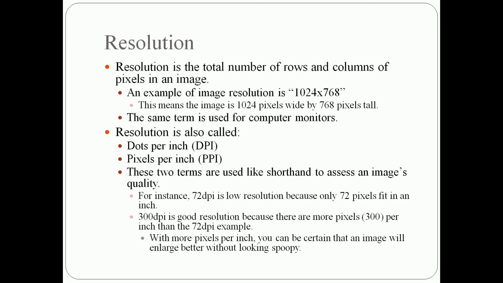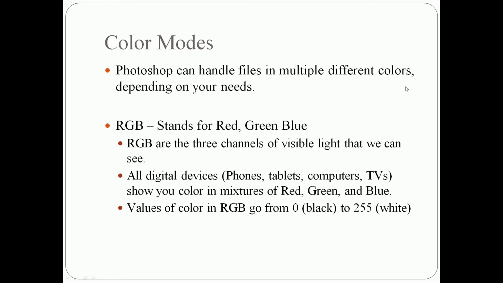We will see little quality problems in between pixels. But at 300 DPI, which is good resolution, and 600 DPI and beyond, which would be high resolution, there's more pixels per inch, so it fools my eye into looking like a perfectly normal picture instead of seeing the individual pixels. With more pixels per inch, you can be certain that an image will enlarge better without looking bad.